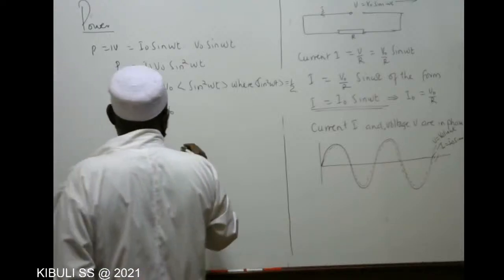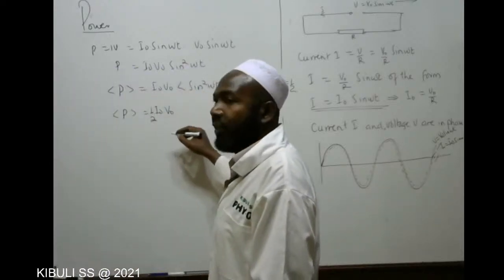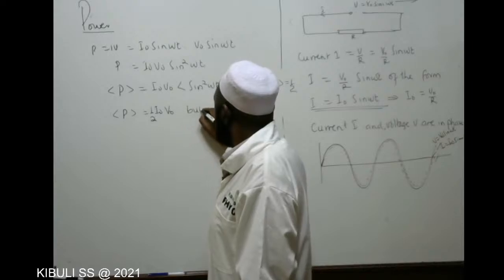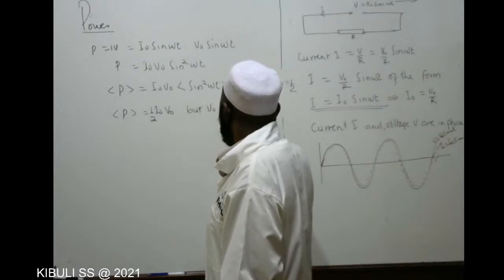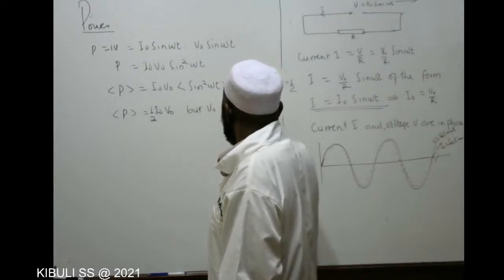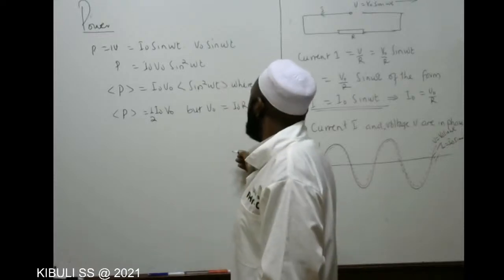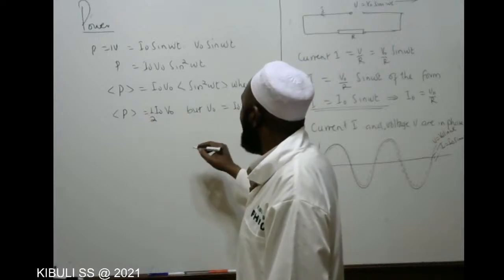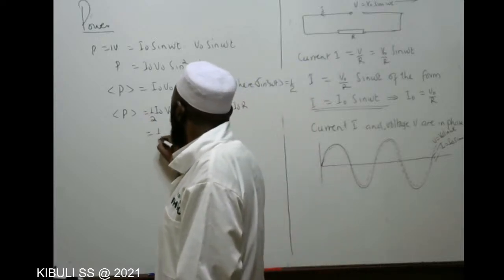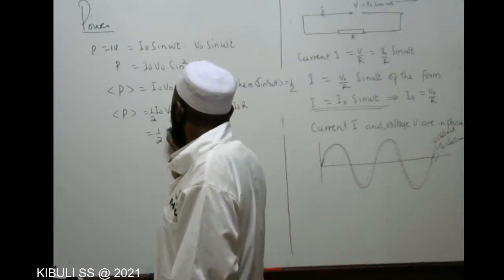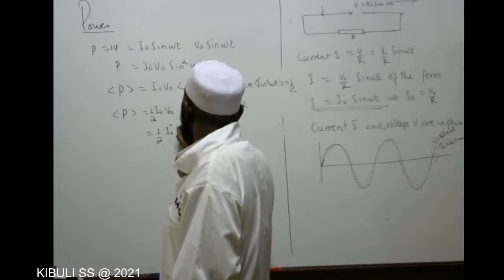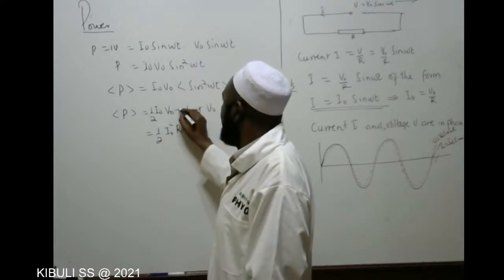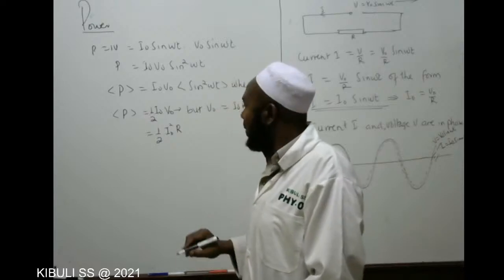But the fact that we know from Ohm's law that V naught is equal to I naught R, it will turn out that we can substitute where there is V naught and put there I naught R, and the expression turns out to be a half I naught squared R. So this could be an expression for average power.